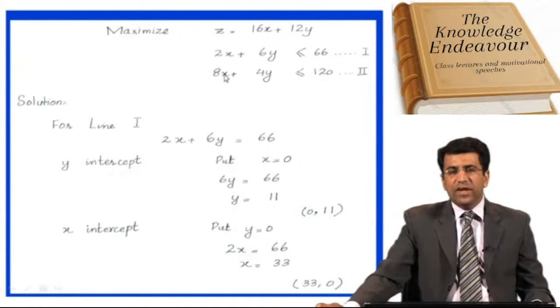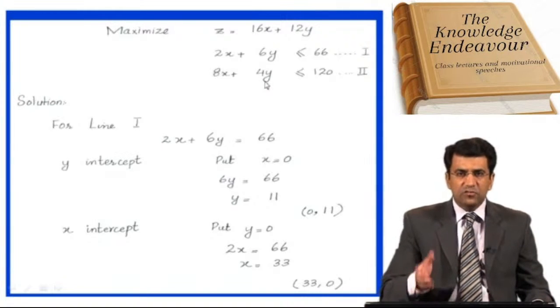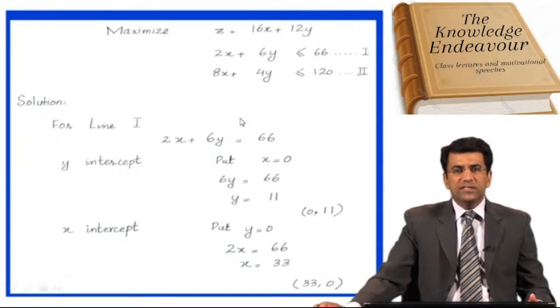Sometimes we take the value of x1 and x2. It's all the same, it doesn't make any difference. You can always take x1 on the x-axis and x2 on the y-axis, or you can simply take these variables as x and y. So these are our two constraints.